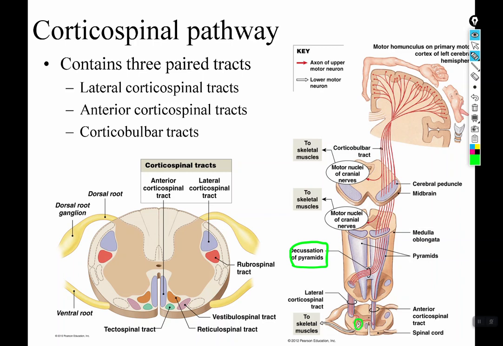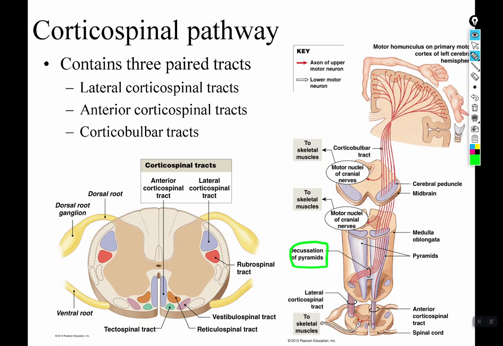The anterior and also medial corticospinal tracts descend, and they do not decussate in the pyramids. They decussate in the anterior gray horn of the spinal cord, and then again synapse at the same location. So they decussate to the other side, and then they synapse on the cell bodies of motor neurons that originate in the spinal cord and go off to effectors.